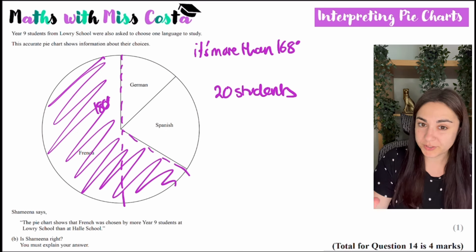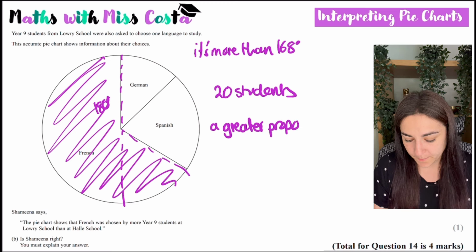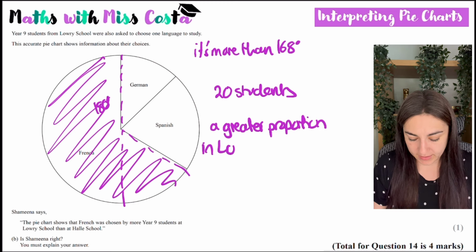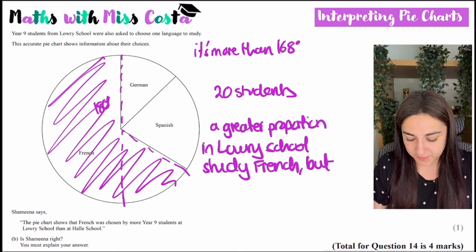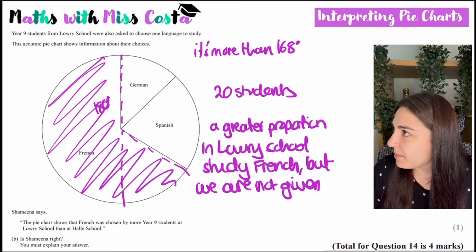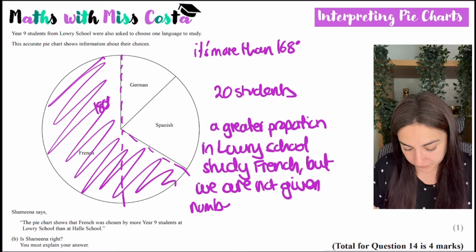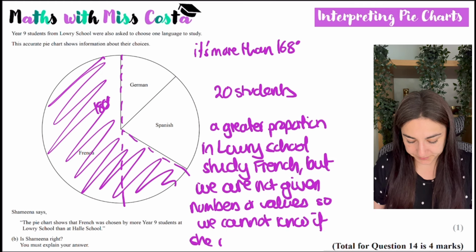So a greater proportion in Lowry School study French, but we are not given numbers or values, so we cannot know if she is correct.